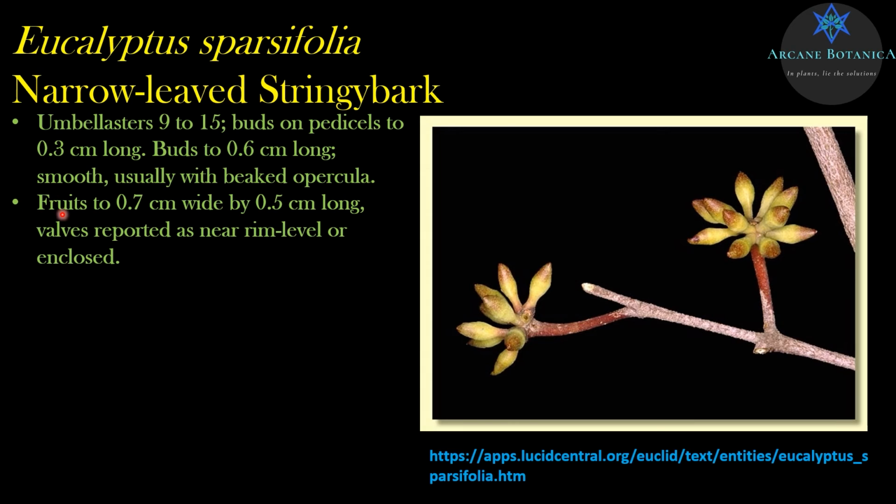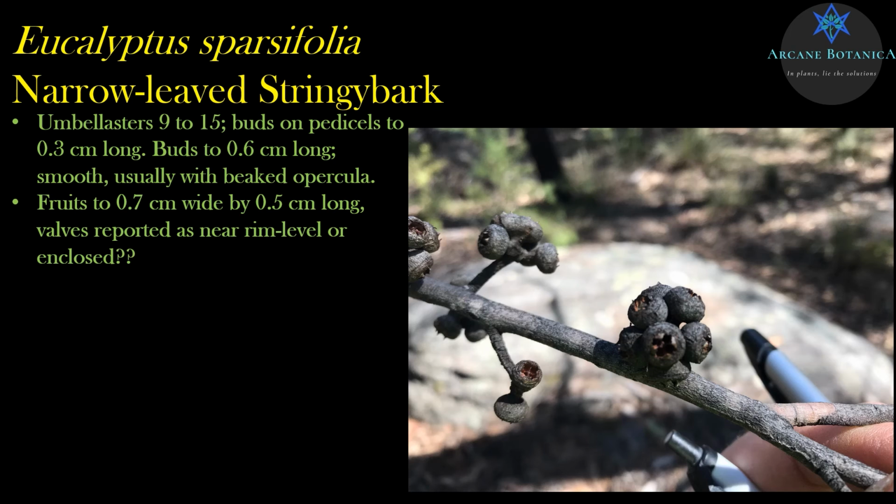And the fruits, it's 0.7 centimetres wide, 0.5 centimetres long. Valves are reported as near rim level or enclosed. I had a little bit of a problem with that. So at this Putty Road site, I picked these up.